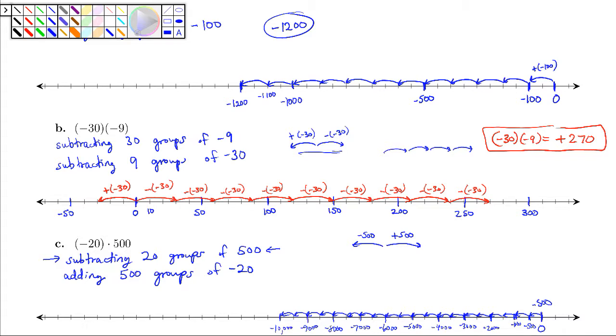Okay, so that would say that subtracting 20 groups of 500 would give us negative 10,000. All right.